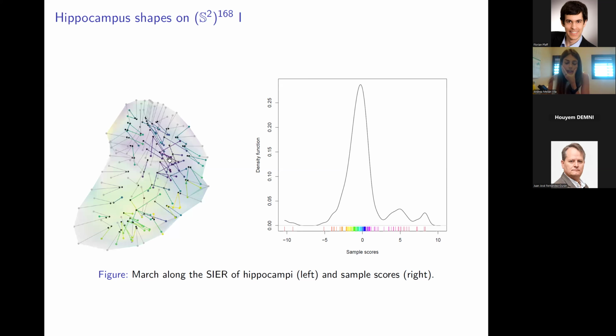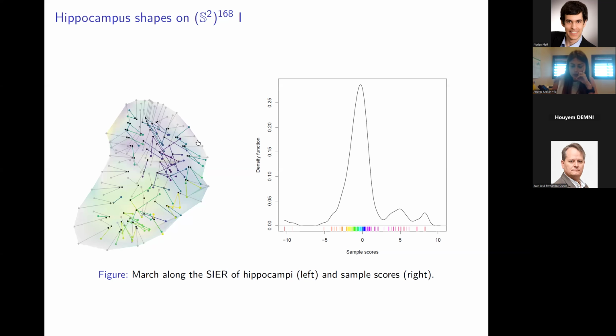The major variation is on the right side of the plot. In addition, variation is located in the bottom. There is no variation in this part of the plot, and the main shape variation across subjects is mild.